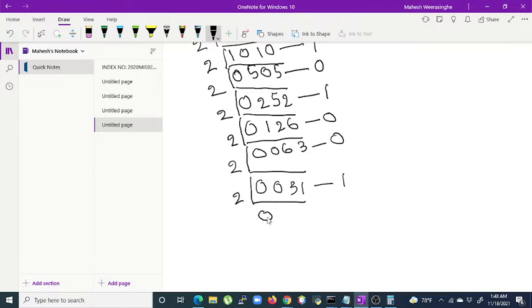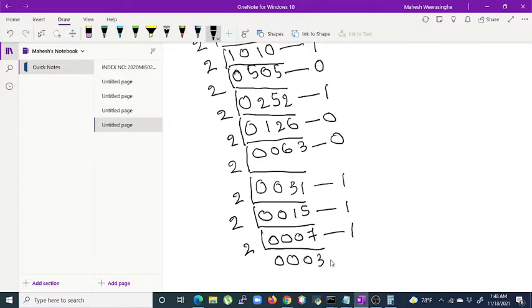Then 31 divided by 2 is 15, remainder is 1. Then 15 divided by 2 is 7, remainder is 1. Again, 7 divided by 2 is 3, remainder is 1.